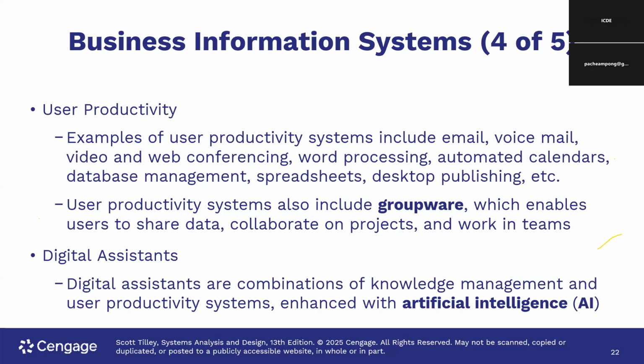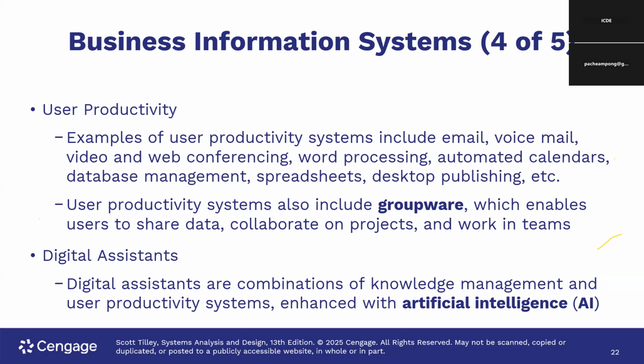All these are user productivity. And user productivity systems also include groupware, for instance, Slack and all of that. And it helps you do what? Share data, collaborate on projects, and work in teams. So we even have Google Teams, Microsoft Teams rather.